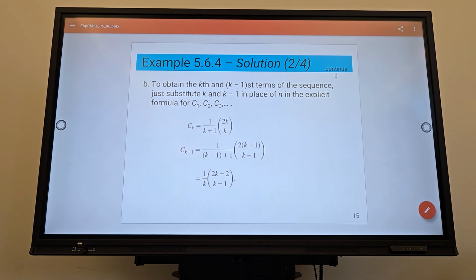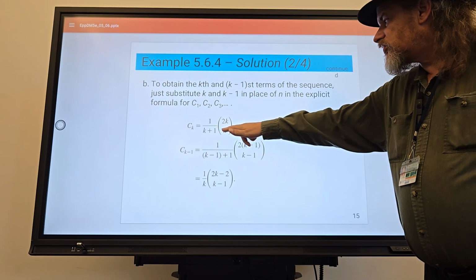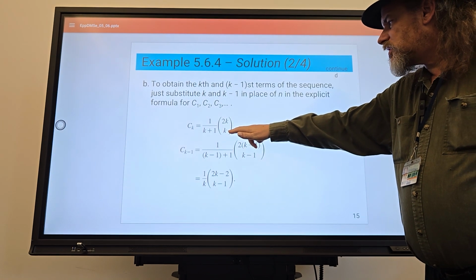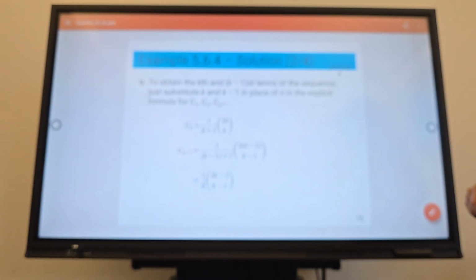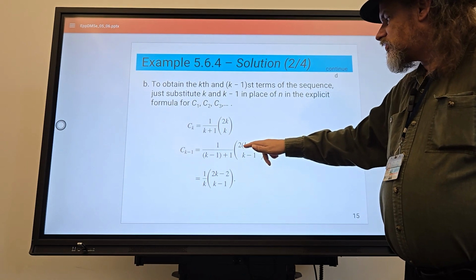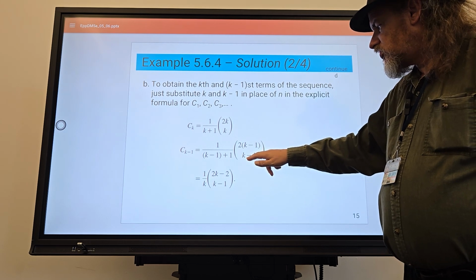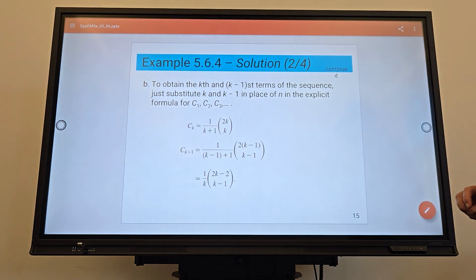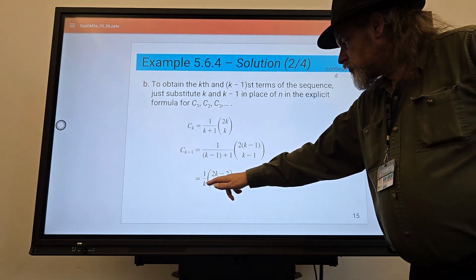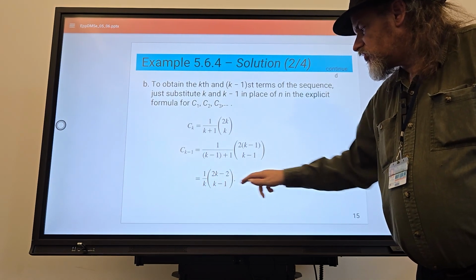And work through the algebra here. Substitute in: 1 over k plus 1 times 2k choose k, and 1 over (k minus 1) plus 1 times 2(k minus 1) choose k minus 1, which equals 1 over k times 2k minus 2 choose k minus 1.